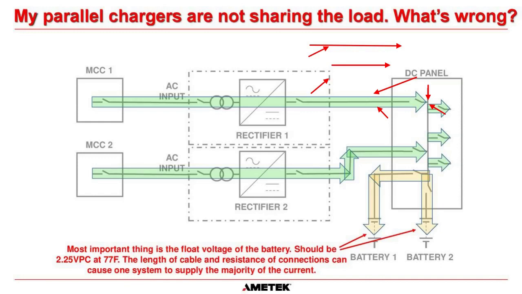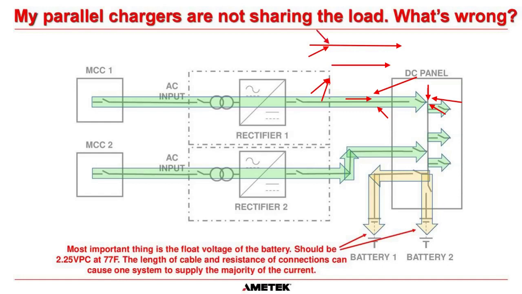Vice versa, if you set the terminal voltage of battery 1 here to be 135 volts, and battery 2 here to be 135 volts, you might find that rectifier 2 output is maybe 135.5 volts and this one here is 135.1 volts.